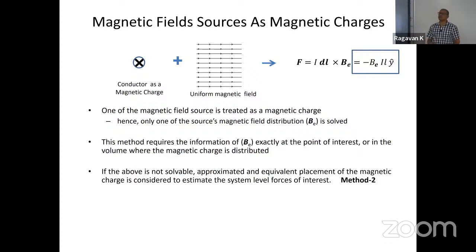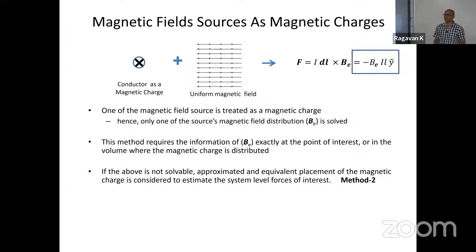If somehow that is not solvable, like in your problem domain you're unable to solve the external field at the point where the conductor is present, then it is also possible to represent that magnetic charge equivalently at a place where you have solved the magnetic field, right?